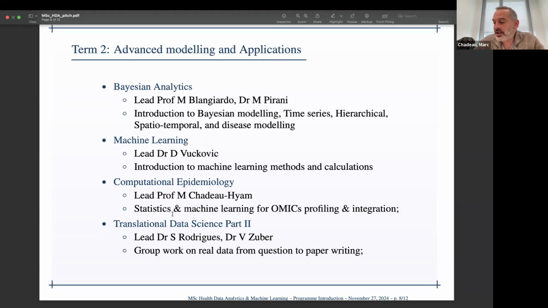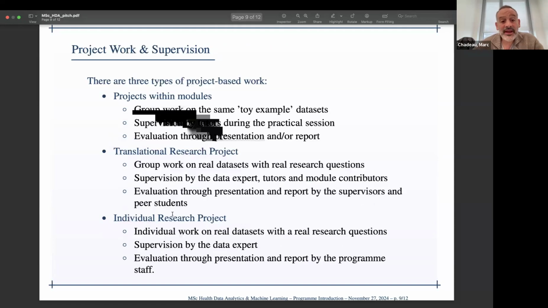So just a side note, quite a few of these projects have converted into draft papers that were submitted as we speak last year. So this is real research, and that's real exposure to real world research in groups. And then term 3 is about the research project.